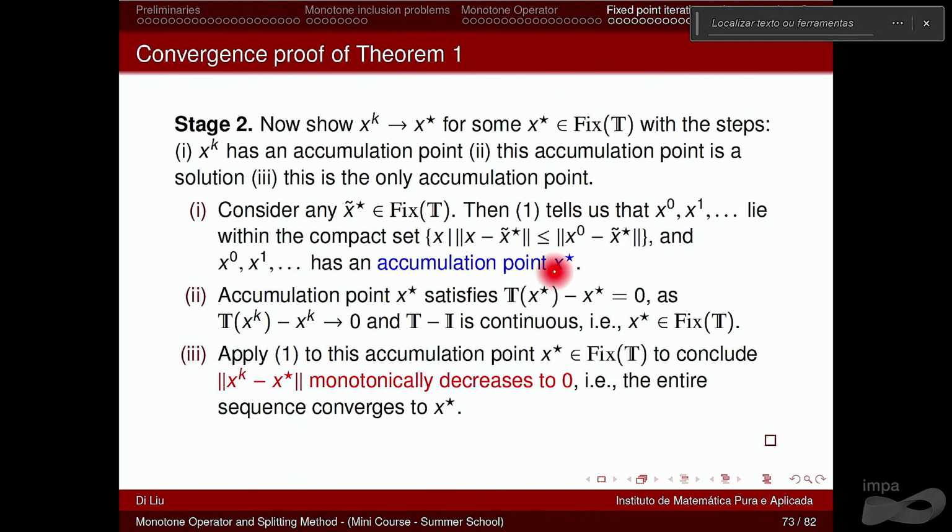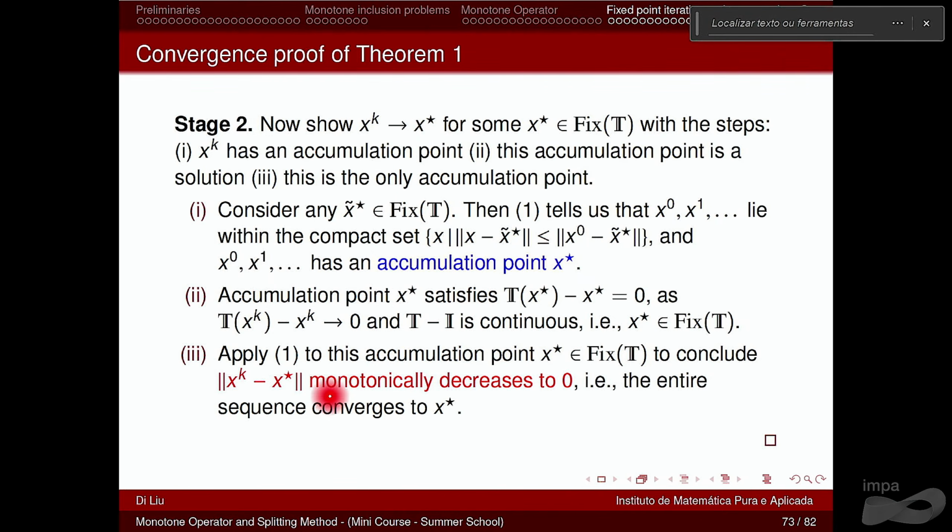So first we have an accumulation point because the sequence is bounded. And second, we prove this accumulation point is a fixed point. And then we want to show the whole sequence xk converges to this x star.